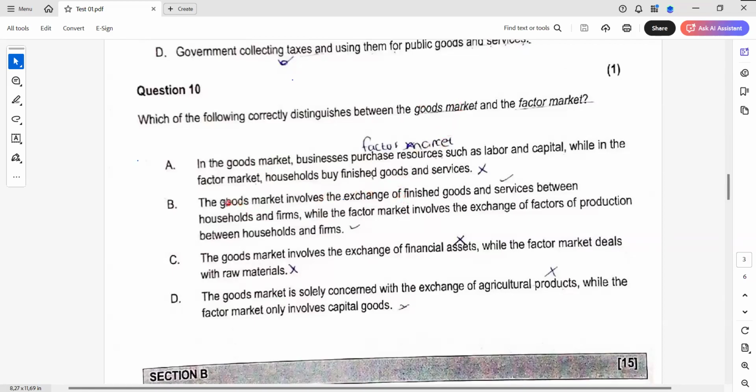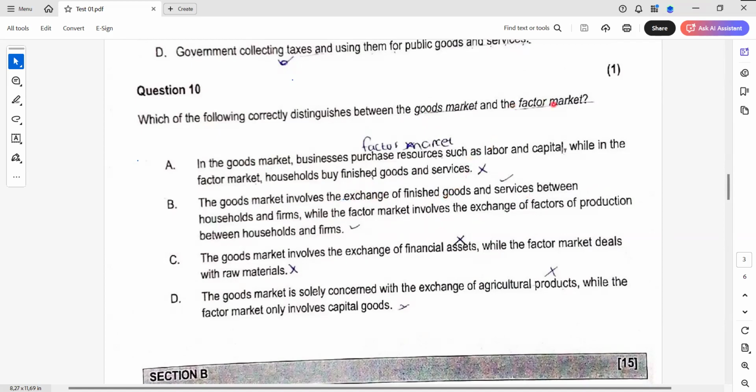Number B, the goods market involves the exchange of finished goods and services between households and firms, while the factor market involves the exchange of factors of production between households and firms. Okay, so this one might be the correct answer because remember in the goods market, that is where the households buy finished goods and services.